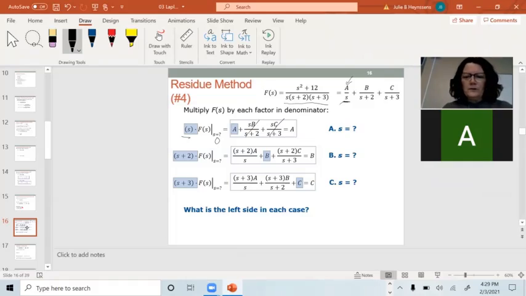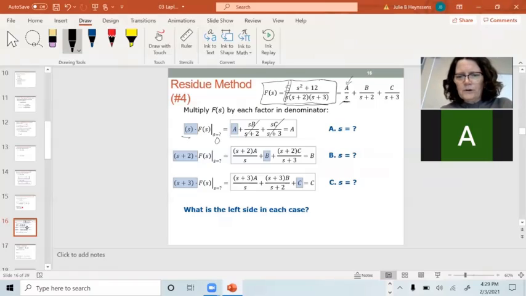So what I'm going to do is I take this expression right here, the left-hand side, I multiply it by the first factor, s, which cancels out the s, and then I fill in what that expression would be at s equals 0.